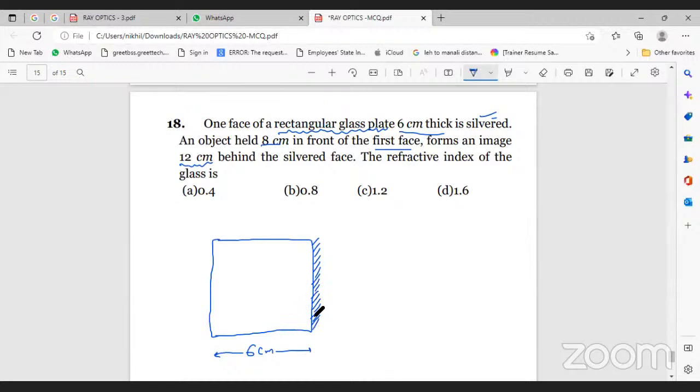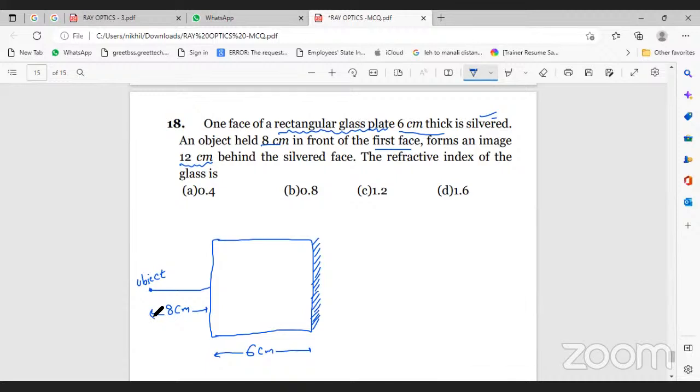Now, the object is placed here. This is the object. At what distance is this object placed? 8 centimeter from the surface, isn't it?